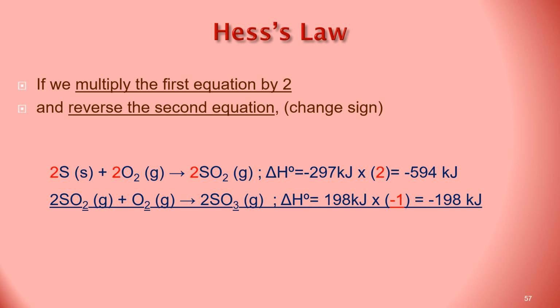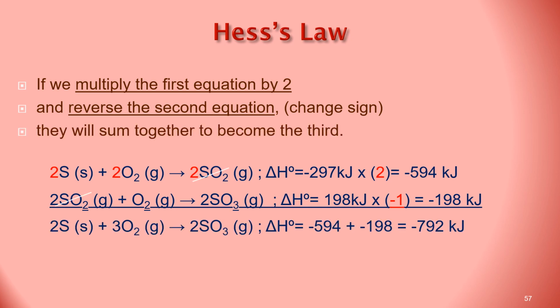So we reverse the sign. Now, like I said, when we add them together, 2S plus 2O2 plus one more O2 gives me 3O2, and then 2SO3 on the right, and the SO2s cancel out. So negative 792 kilojoules.